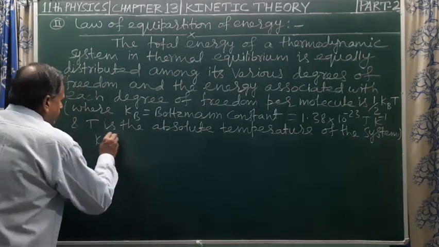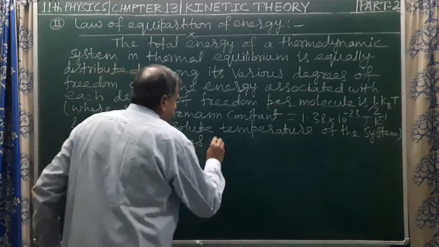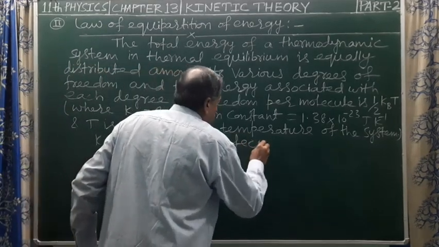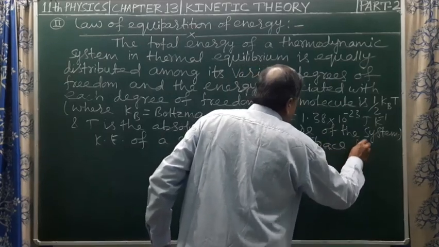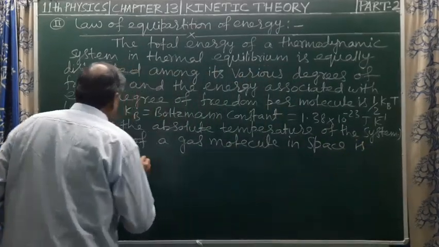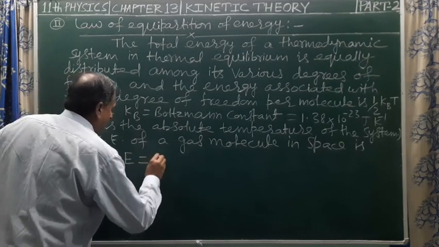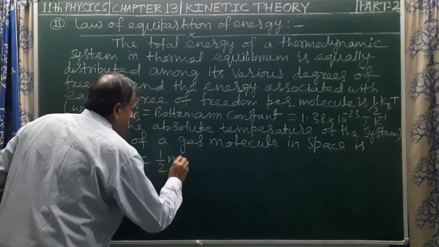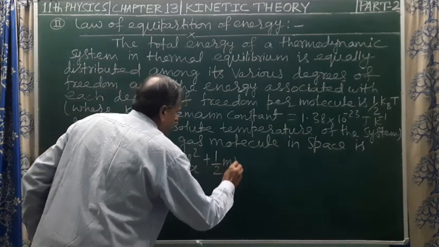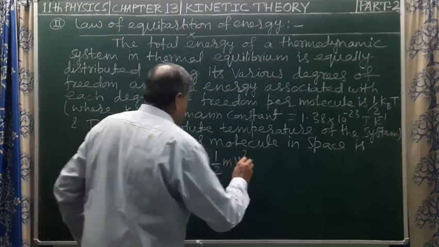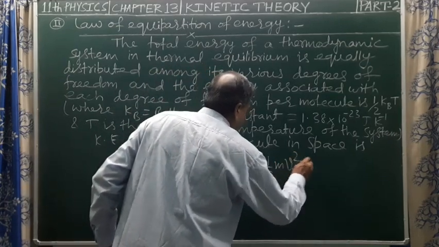Kinetic energy of a gas molecule in space is capital E equals 1/2 m Vx square plus 1/2 m Vy square plus 1/2 m Vz square.